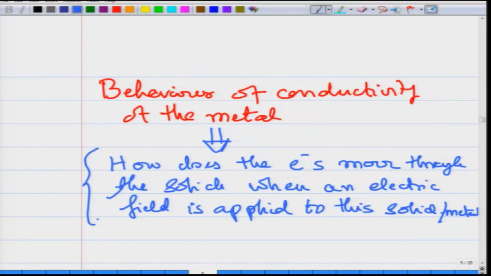And this was one of the very important topics in the early 1800s and which continues. I mean, part of the theories which were developed here, approximately they are still valid and people still use it to a good amount. And this was an important part of solid state physics to understand the behavior of electrons moving through the metal.